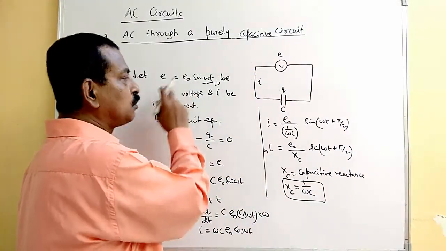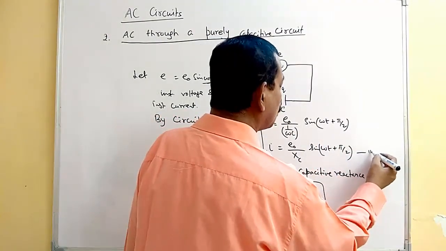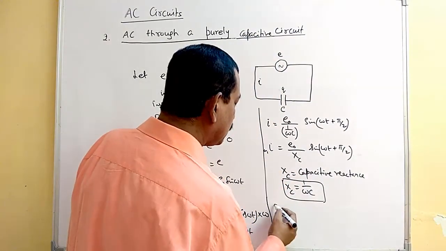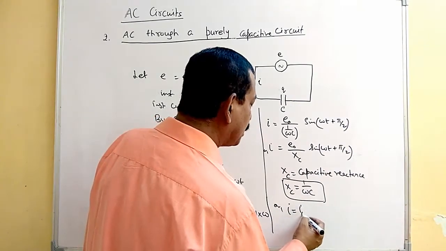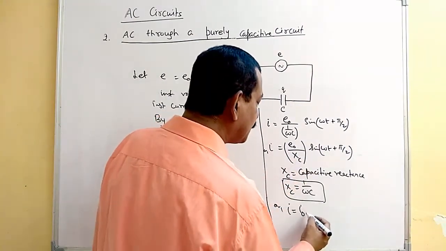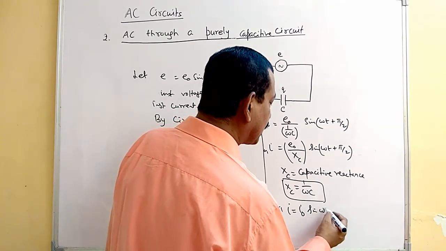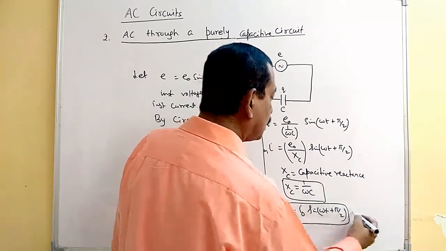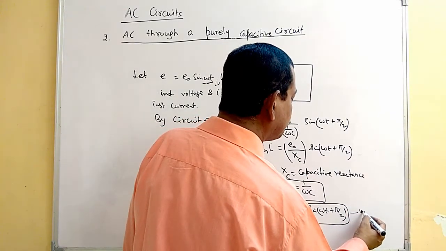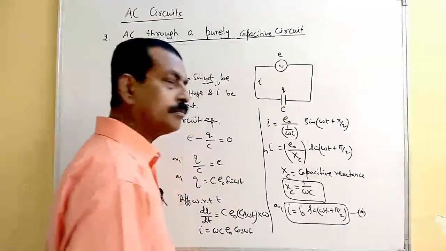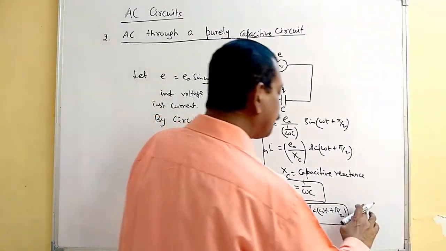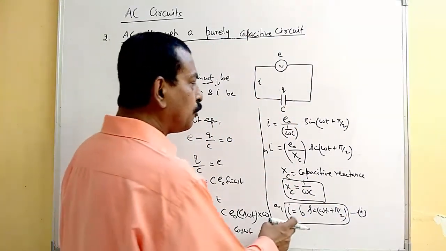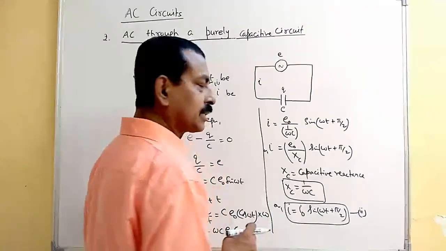If this was equation 1, let this final expression be equation number 2: I equals I naught sine omega t plus pi by 2, where for I naught we have taken E naught by Xc.